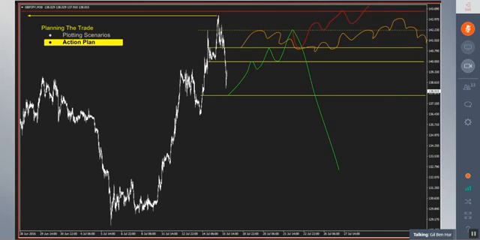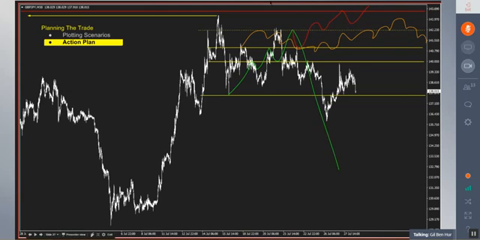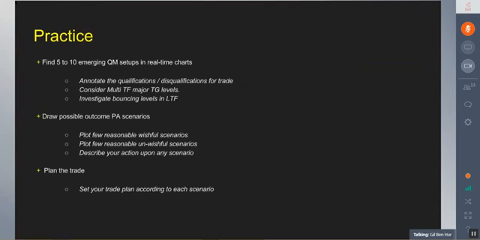Okay, so you write your action plan according to all these scenarios, and this is the outcome that turns out to be in this situation. So that's about this class.